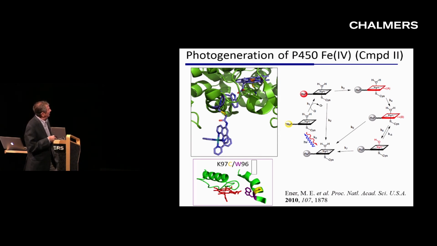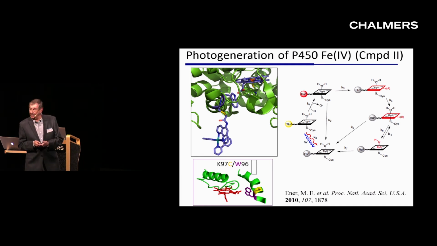But we noticed something very interesting in generating by hopping, by deeply pushing this hole into the enzyme. We found that the yield, the quantum yield for the compound 2 was very low. Only out of 100 photons, we only got three or four that were efficient.